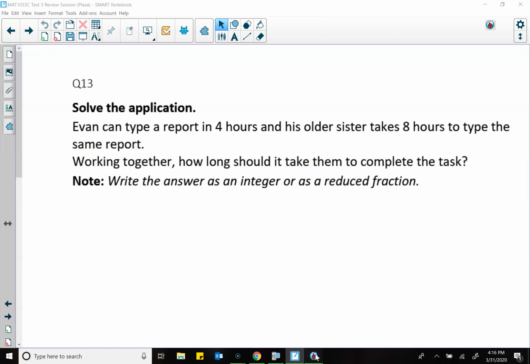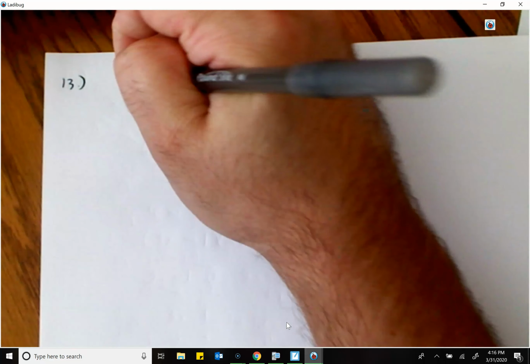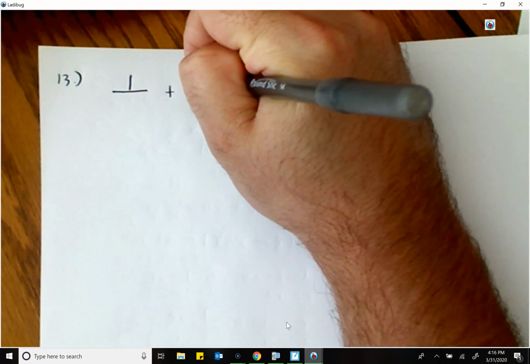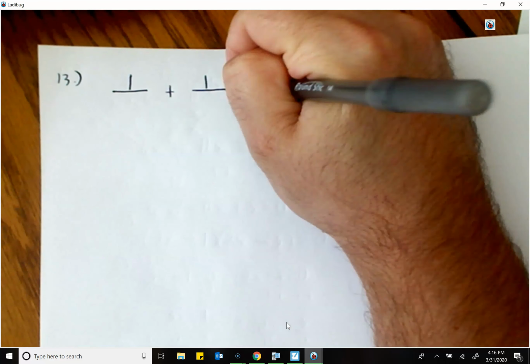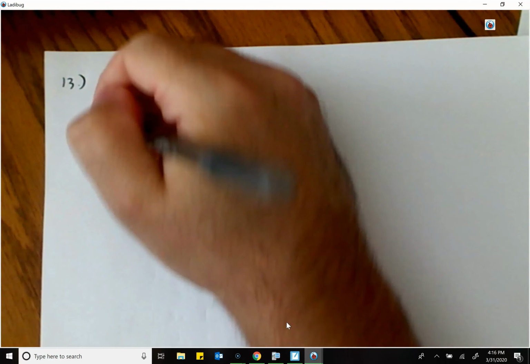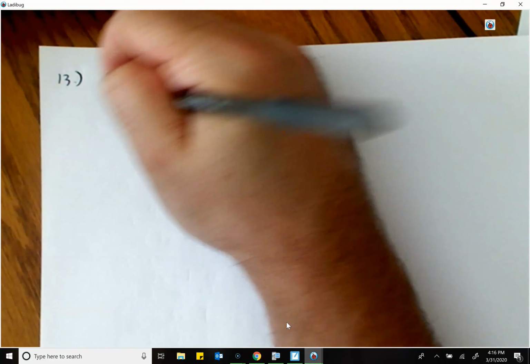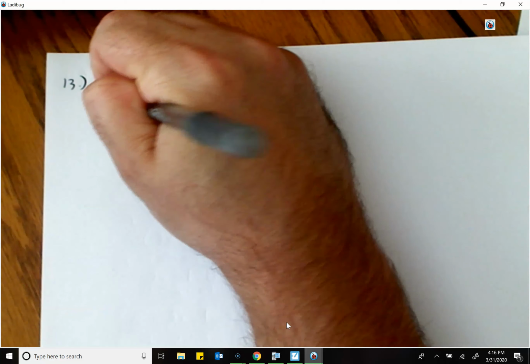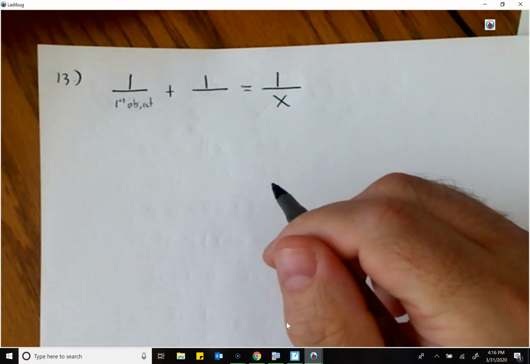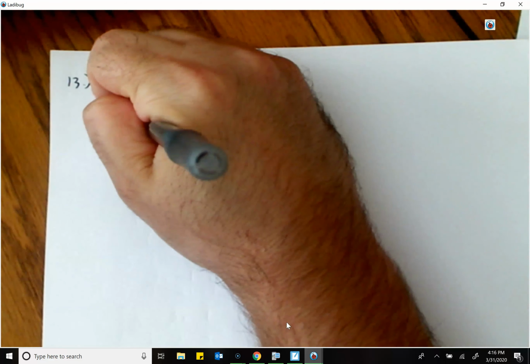All right. So, hopefully your professor kind of gave you an idea about this, but the setup of these problems looks like this. This is how long it takes for the first object. Usually it's time.